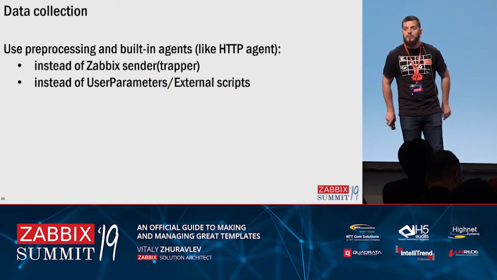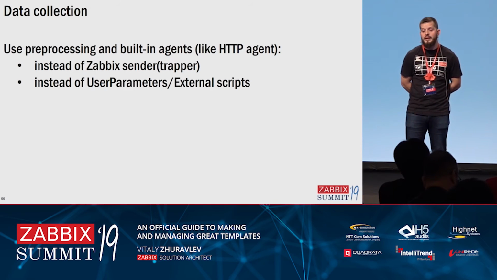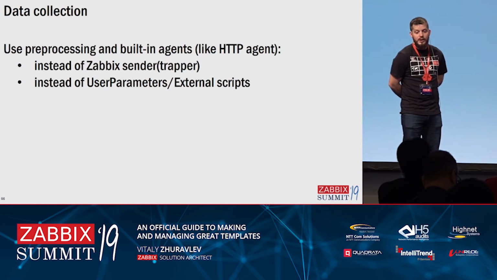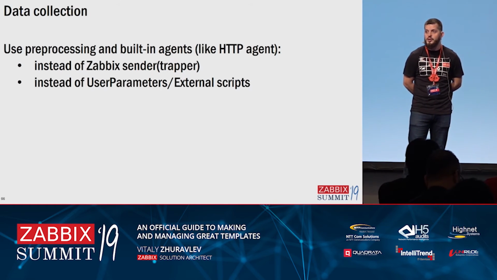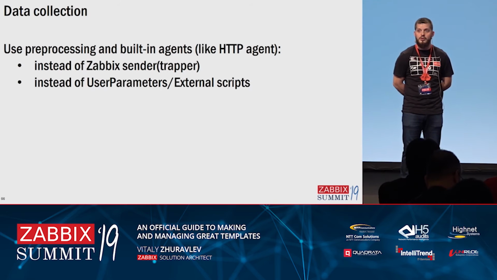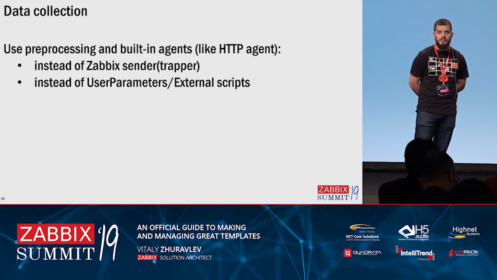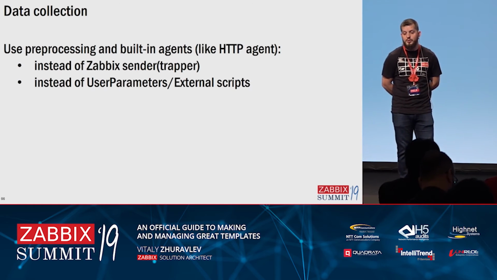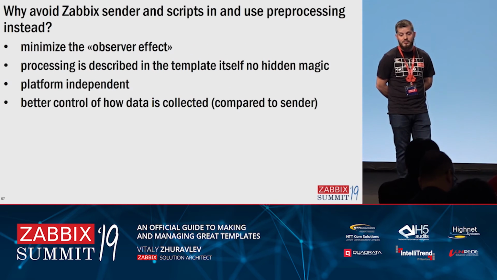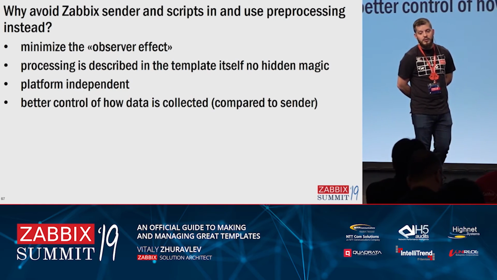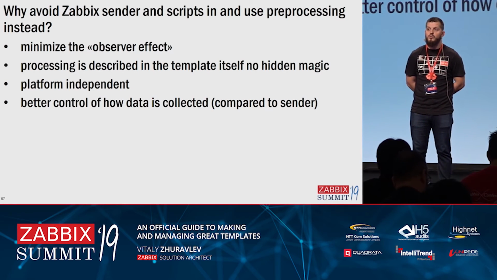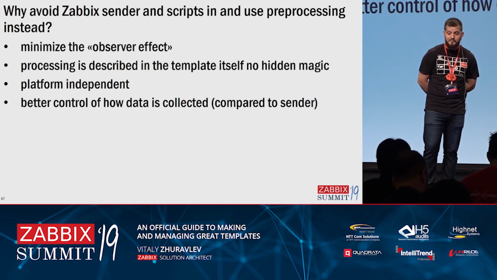Just a few words now about how to do data collection. What's the preferred way to do it? Well, first thing, as I said, pre-processing and built-in agents like HTTP agents should be the way instead of Zabbix sender or user parameters and external scripts. Why? Well, first of all, if we do that instead of Zabbix sender, we minimize the observer effect.